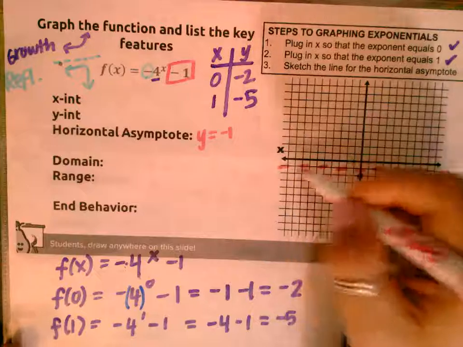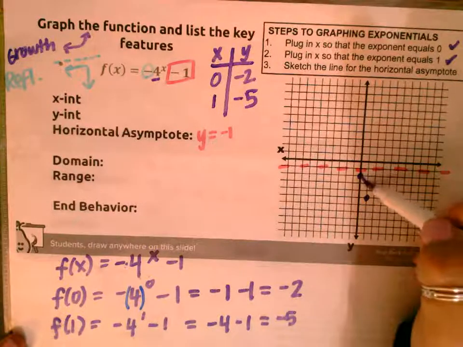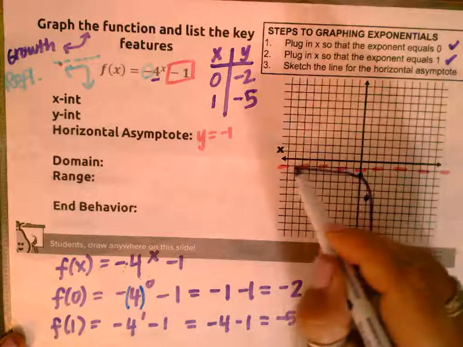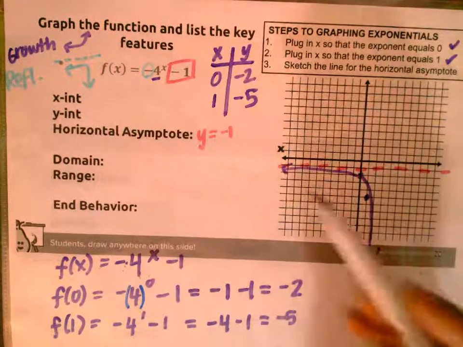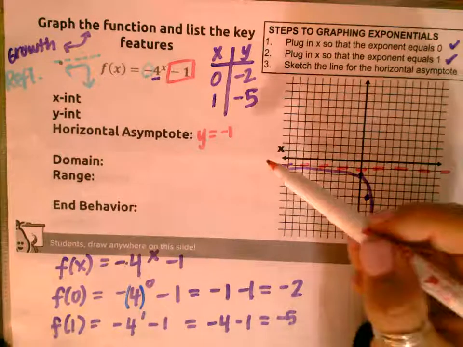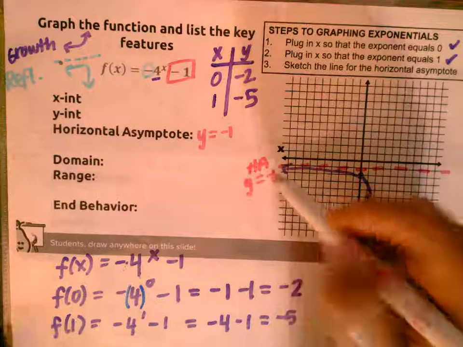Since I thought I was going to have a growth problem, but it's reflected, I know that my graph is going to look something like this. It really has no other choice but to approach and get closer and closer to my horizontal asymptote at y equals negative 1.